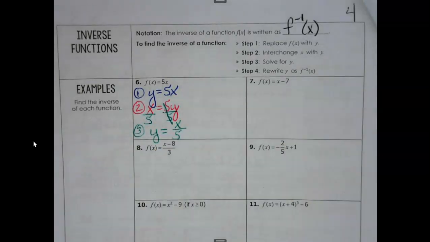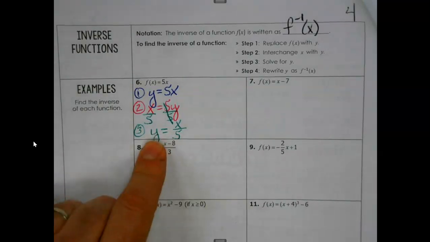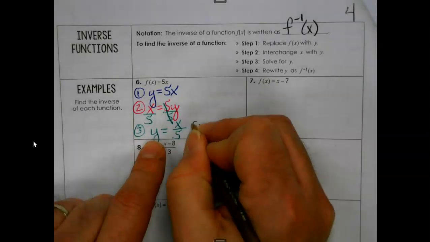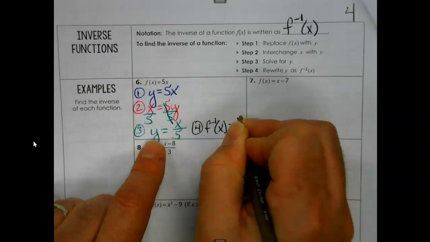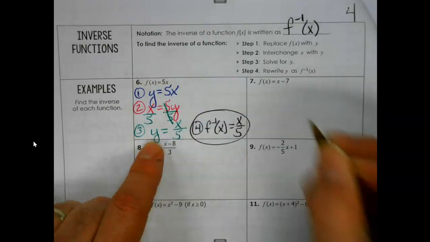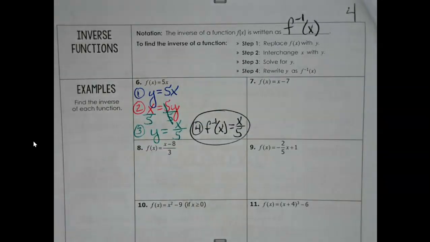Once y is by itself, step 3 is done. And then finally, rewrite with y, replace it with f negative 1 of x. That's your inverse.